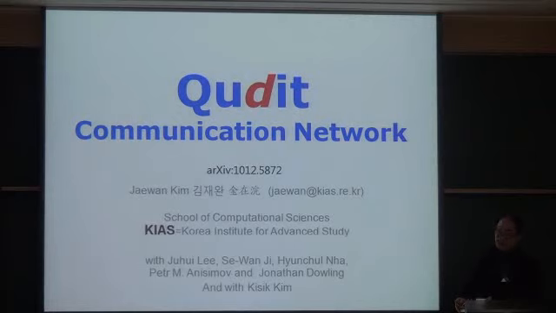Then people quantized it, so it became quantum bit, so they called it Qubit. Now, Qubit is not that easy to realize, and then I found a way to make a d-dimensional quantum information unit, and I called it Qudit.